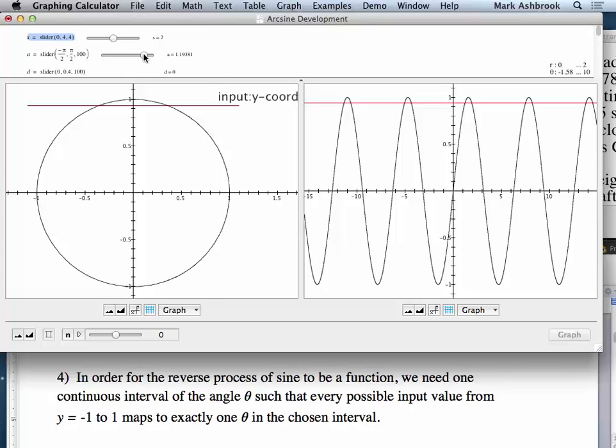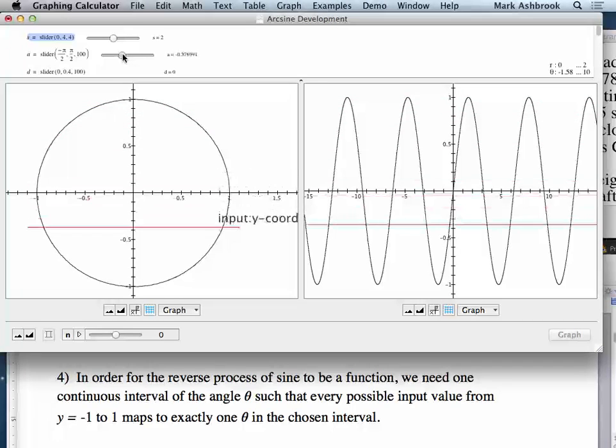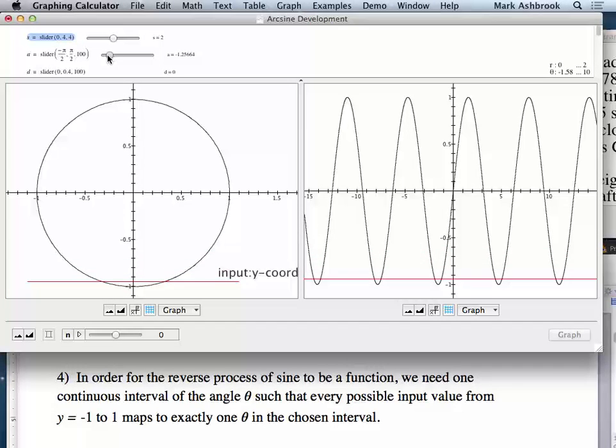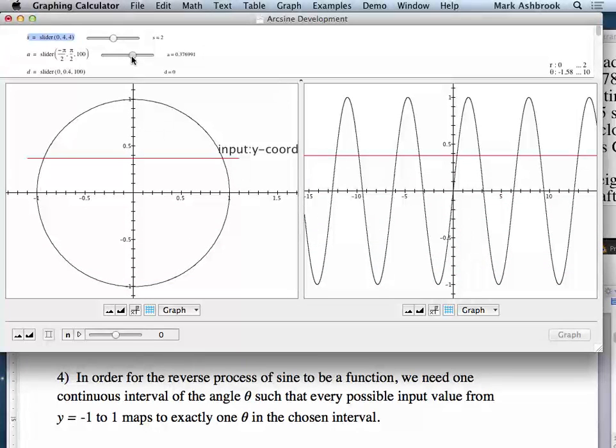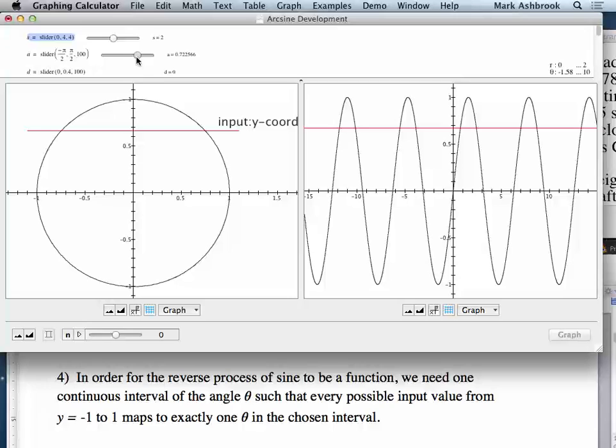So what was our input quantity again? The vertical distance from the horizontal diameter. What is the input measured in? It's not radians.